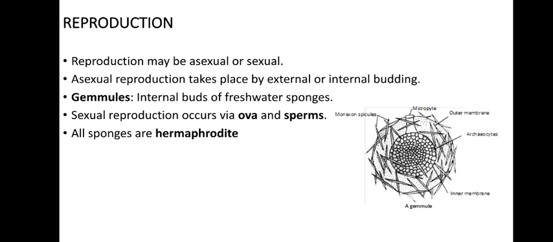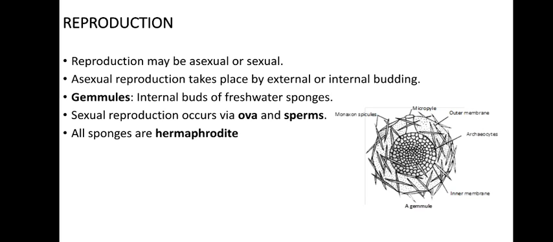Now these gemmules are special because these are produced as a means of reproduction, but more than that, they are produced to tide over the unfavorable condition, particularly in freshwater sponges. Now, freshwater sponges live in ponds, and we all know that during summer, usually ponds get dried up, and that means the animal won't be able to survive.